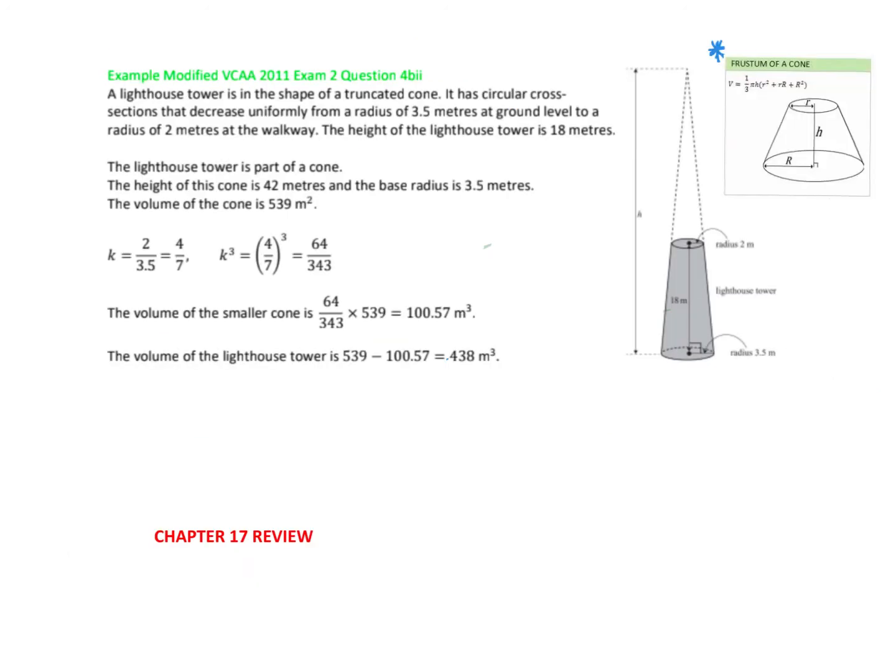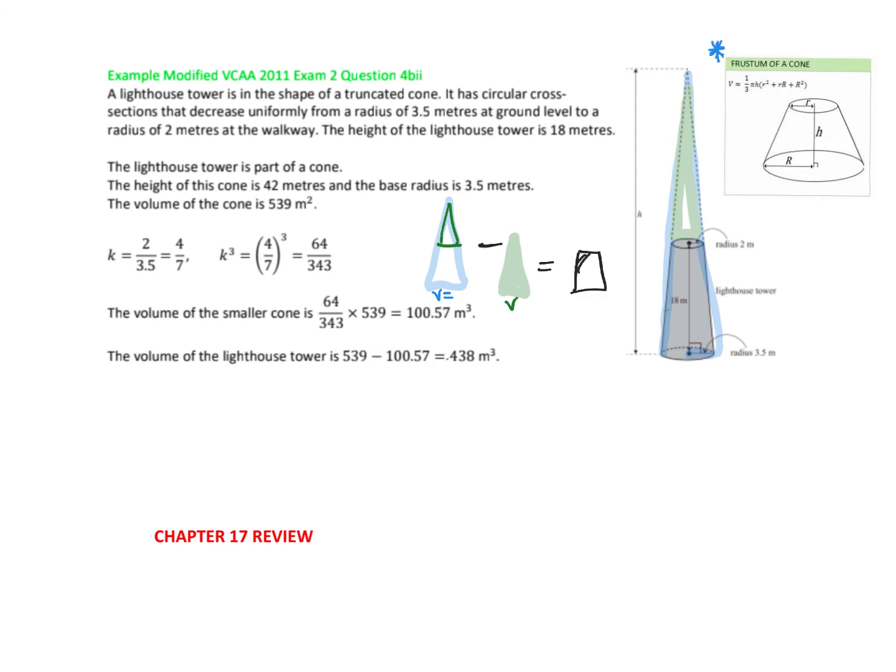Now with this question, you could use similar figures. They've sort of demonstrated the big cone, and it's similar to the top little cone. Obviously, if you were trying to find the bottom part, you do the volume of the big cone minus the volume of the small one, because you'd be cutting off that top bit, and that will give you the volume of the bottom.